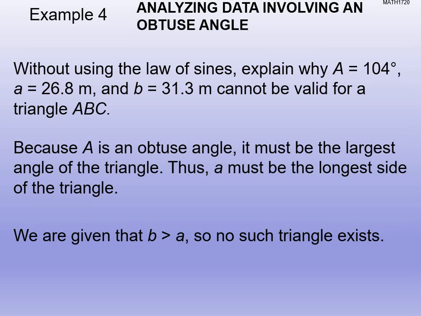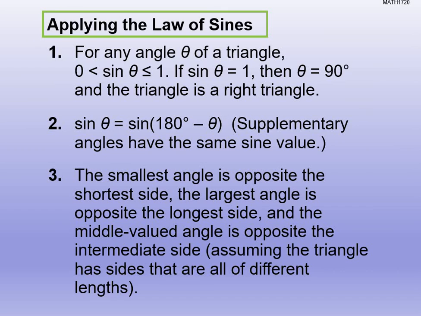We're given that b is greater than a, so no such triangle exists. This stems from a few slides ago where we did the rules, applying the law of sines and rule number 3: the smallest angle is opposite the shortest side, the largest angle is opposite the longest side. I skipped back a few slides so I could slip this in, and you can take a look at it.